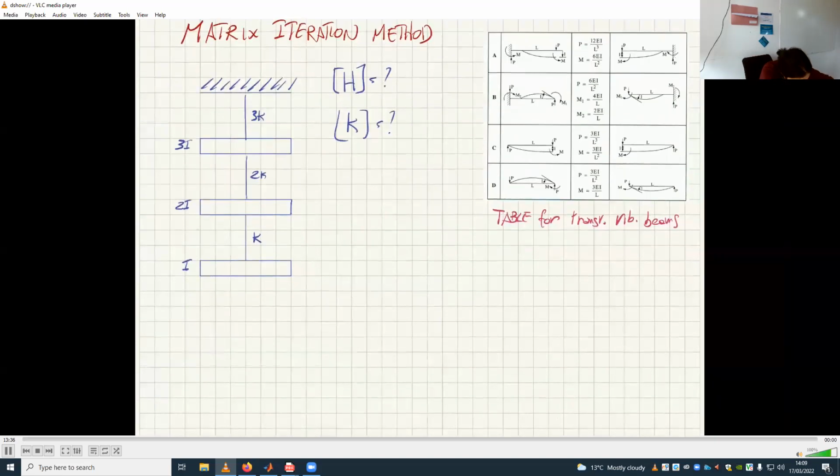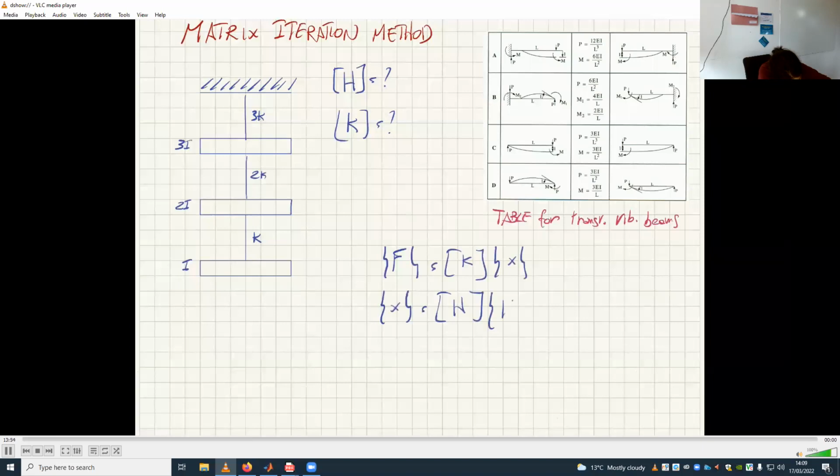If you remember, Hooke's law is F equals Kx, and so that means that x equals HF, because remember, K is the inverse of H, and consequently, H is the inverse of K.